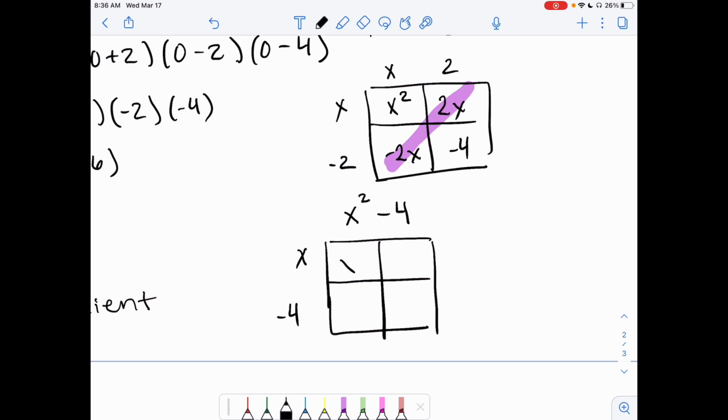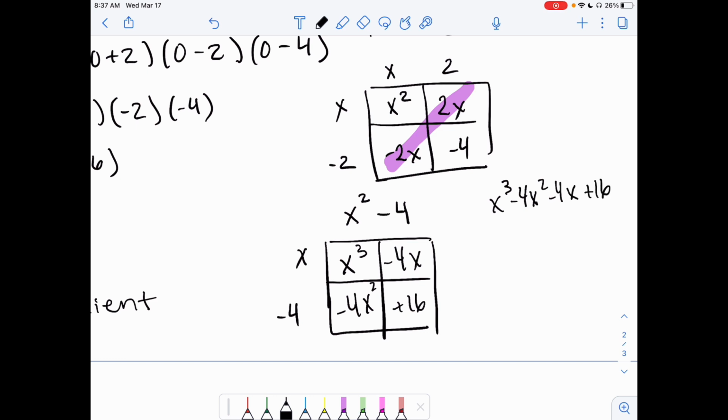X times x squared, x cubed, minus 4x, minus 4x squared, plus 16. In this case, I don't have any like terms. All my variables have different exponents. So I'm going to end up with x cubed minus 4x squared minus 4x plus 16.